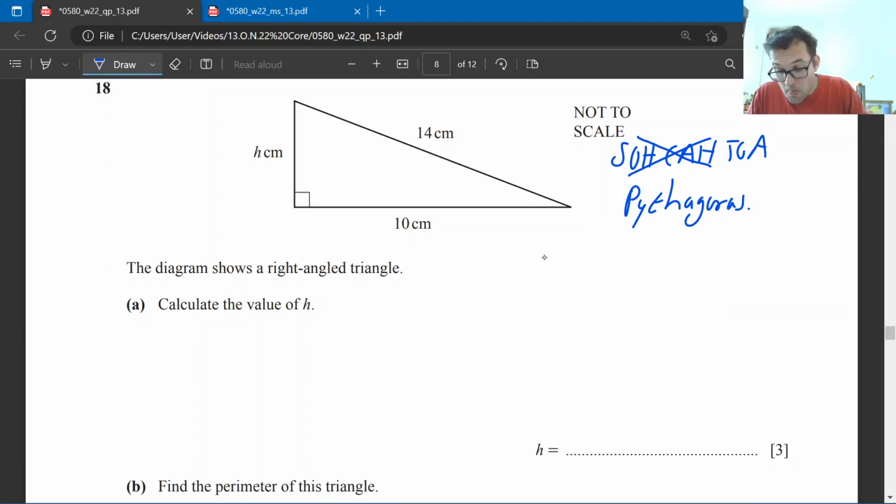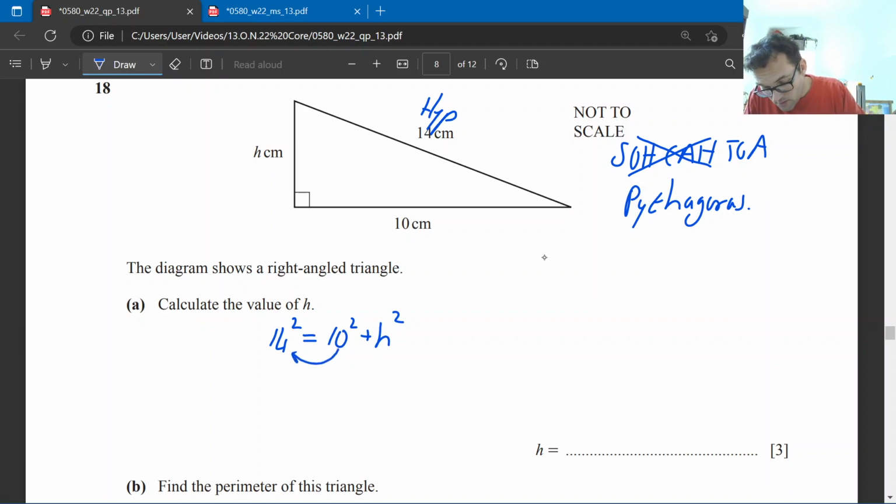Right, so first of all, let's get the hypotenuse. That is, of course, the longest side opposite the right angle. So Pythagoras states that the longest side, which in this case is 14 squared, equals the other 2 sides, which is 10 squared and 8 squared added together. We can rearrange that.